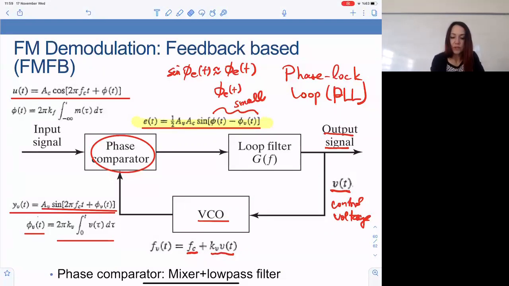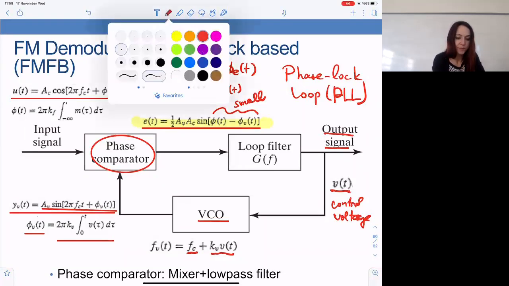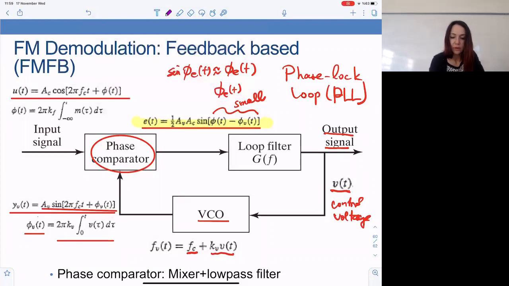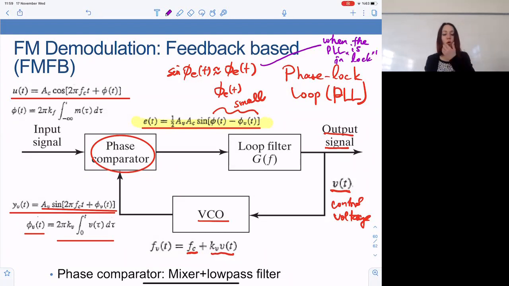So this, let me write it down. This condition is when the PLL is in lock. So suppose it's in lock, suppose it's working, then phi e is going to be small, and we can make this approximation.